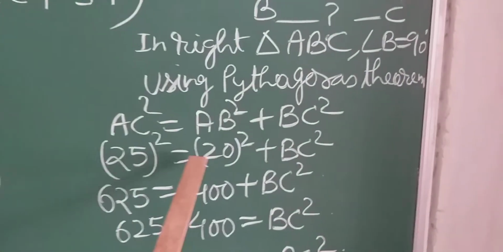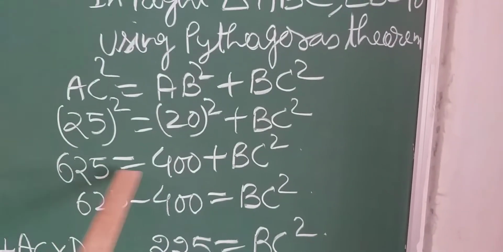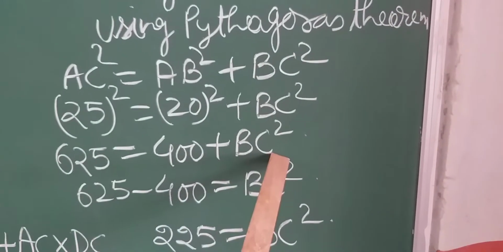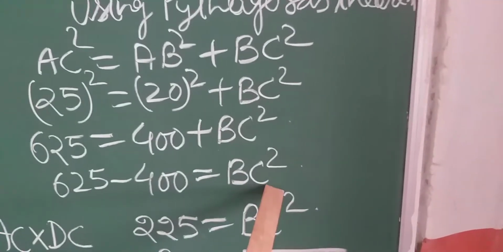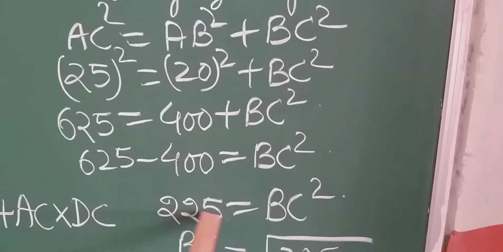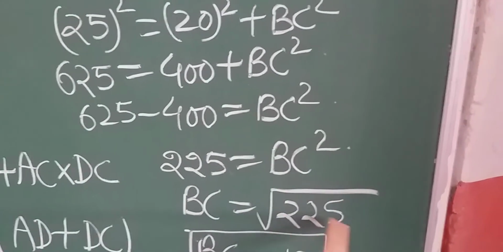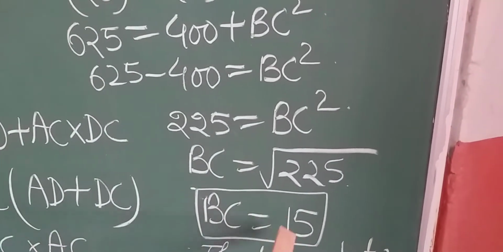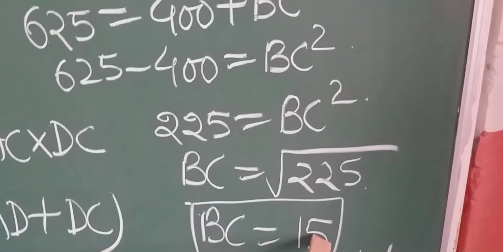So 25 square equals 20 square plus BC square. It is 625 equals 400 plus BC square. 625 minus 400 equals BC square. 225 equals BC square. BC equals root 225. BC equals 15 because the square root of 225 is 15.